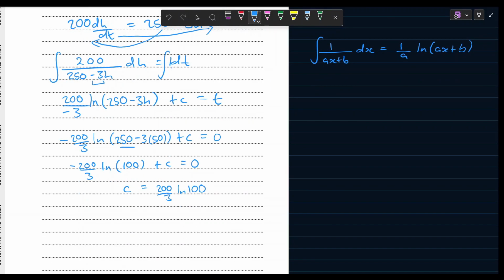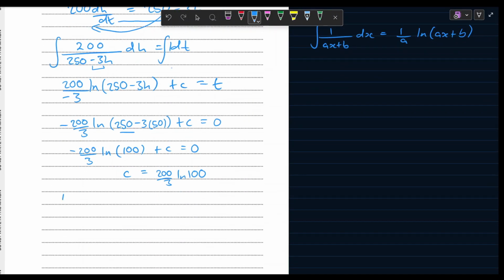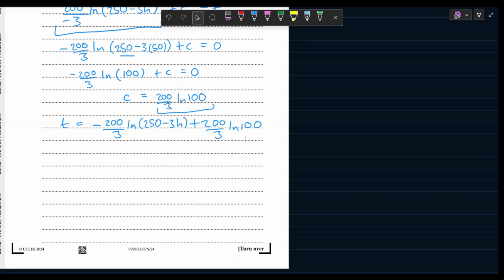And so it means our solution to this differential equation is t is equal to negative 200 over 3 ln 250 minus 3h plus our constant of integration, 200 over 3 ln 100. And so this is the solution for the differential equation.